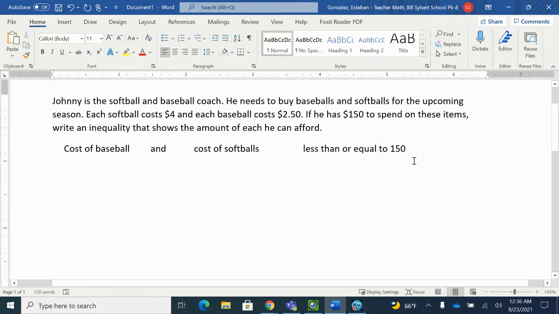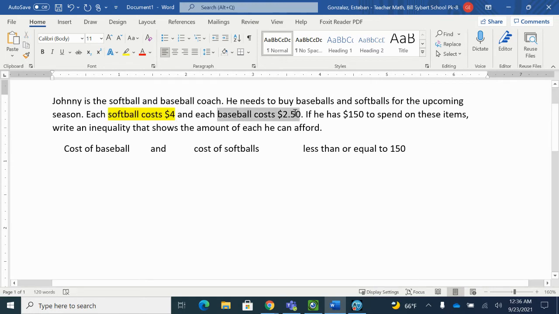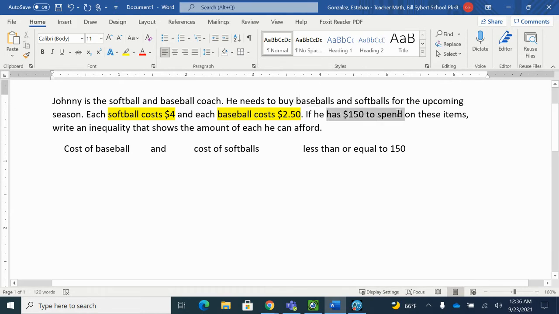Now, once we have this, and you guys remember chapter 2, we have to write down our variables. So what are the variables that we're talking about? We're given some important information. The cost of each softball is $4, the baseballs are $2.50, and he has $150 to spend.